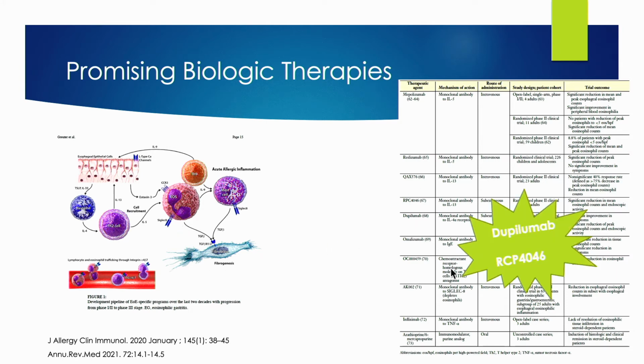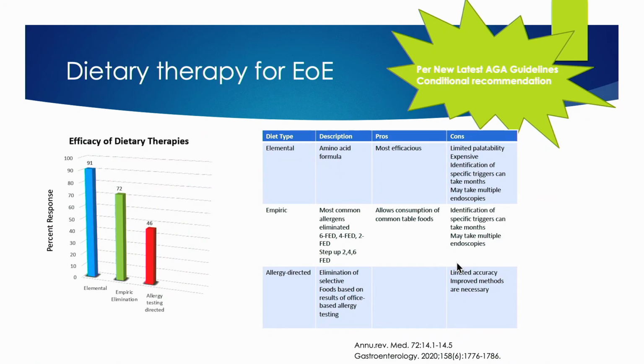This table is just telling you where we are with respect to those. Probably the ones that are further along in the pipeline are dupilumab, that blocks IL-4 and 13, and RPC 4046, which is a monoclonal antibody that blocks IL-13. And these are currently in phase 3 trials.